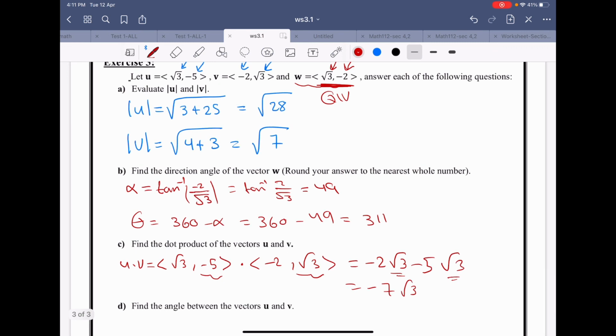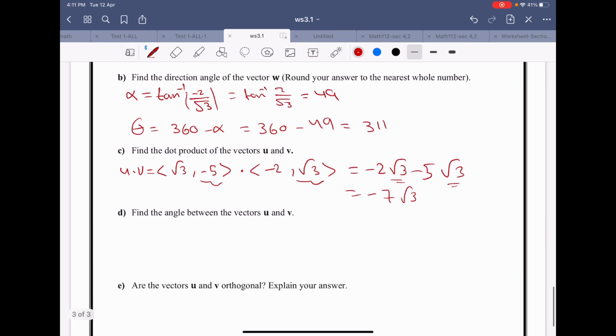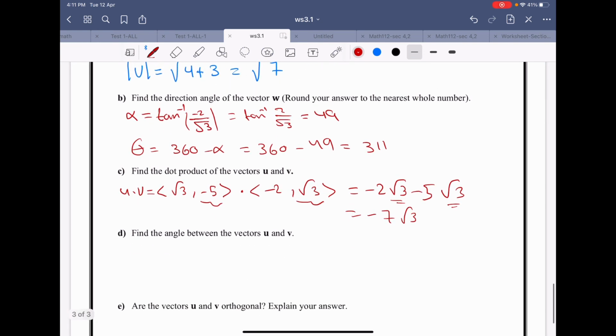Part D, find the angle between the vector U and the vector V. To find the angle between two vectors, we use the formula theta equals cosine inverse of U dot V over the magnitude of U times the magnitude of V. And actually we found all those values.